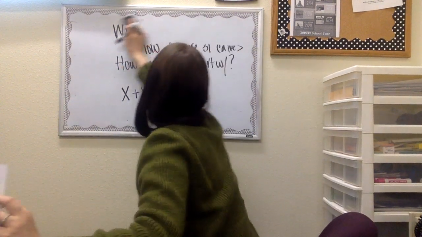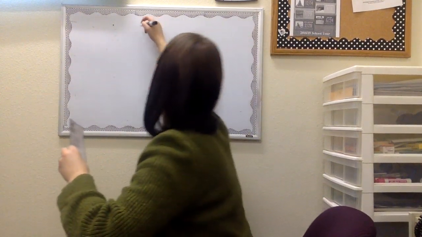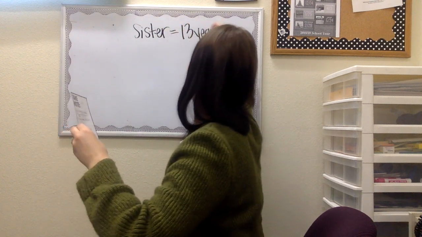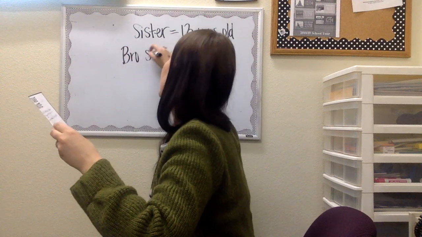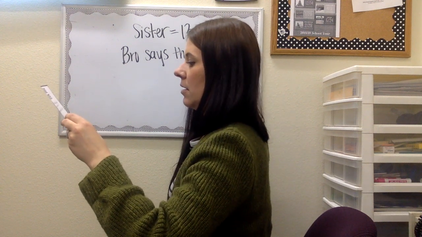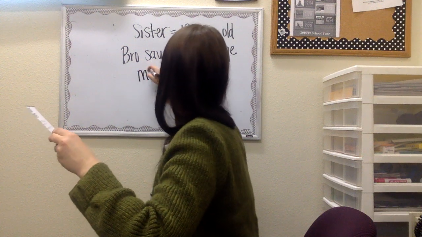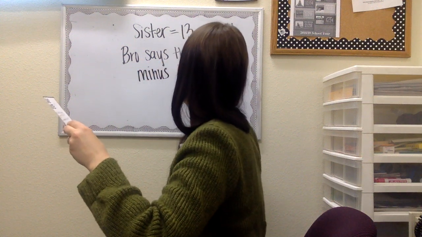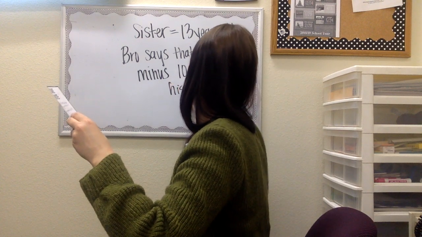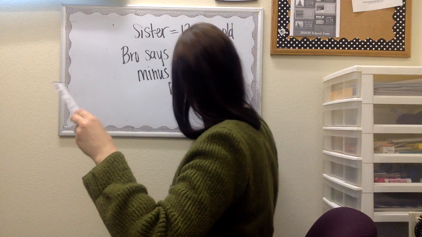Let's look at another one. All right, so now we have a sister who is 13 years old. The brother says that his age minus 10 is equal to his sister's.